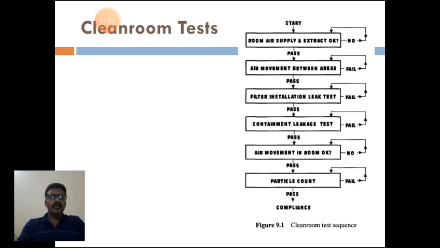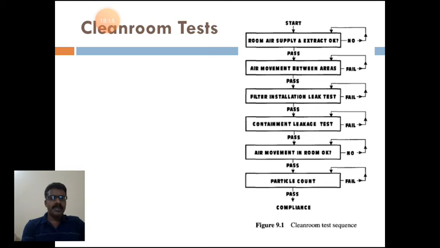So, clean room testing. The most important part is that the clean room has to be tested periodically. Tests start with the room air supply and extract, to check whether it is working fine. Once it has passed, air movement between areas has to be checked.